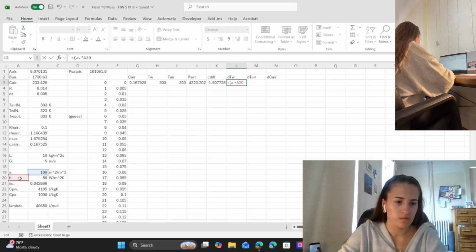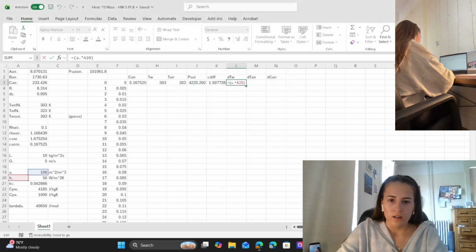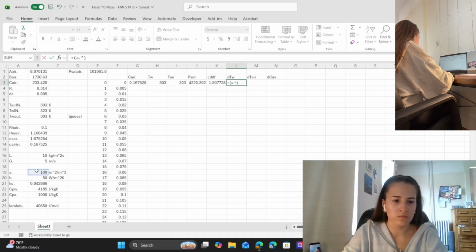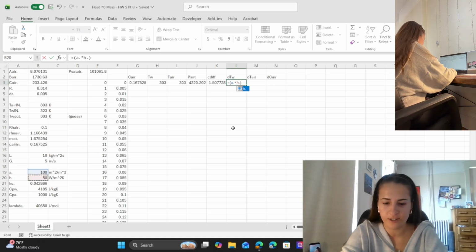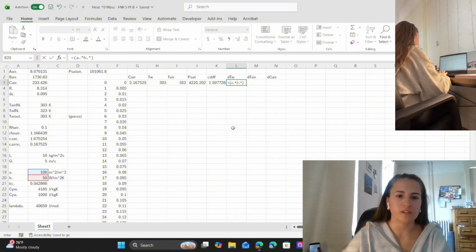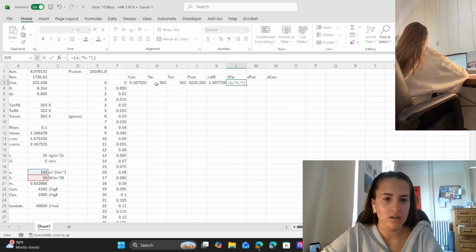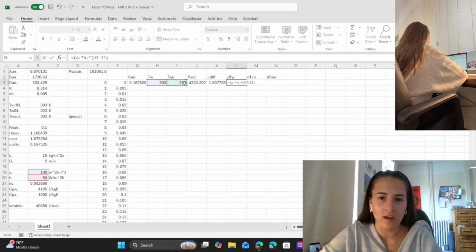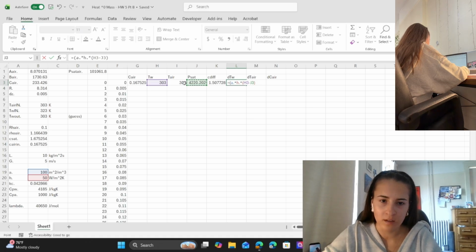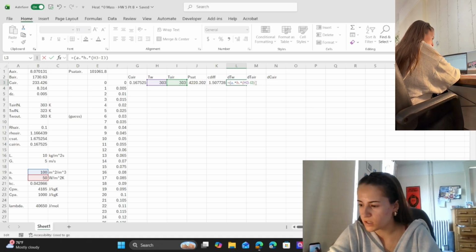A times, oh, sorry, this is the wrong thing. Yes. I hate Excel. Times H times the change in temperature, so that will be temperature of the water minus temperature of the air. Okay, nope. And then we'll do that.